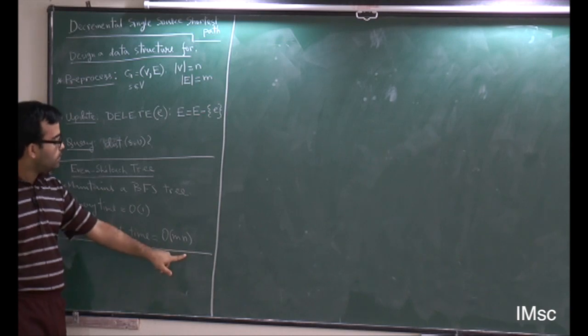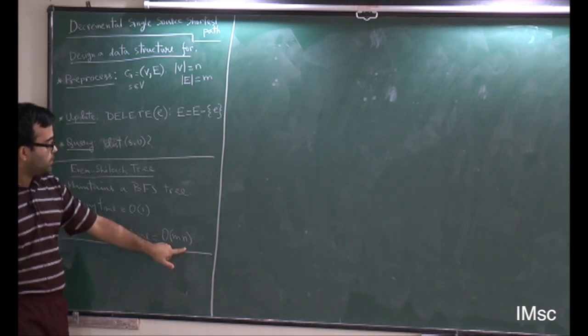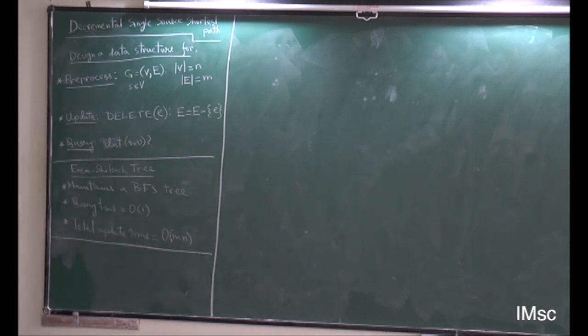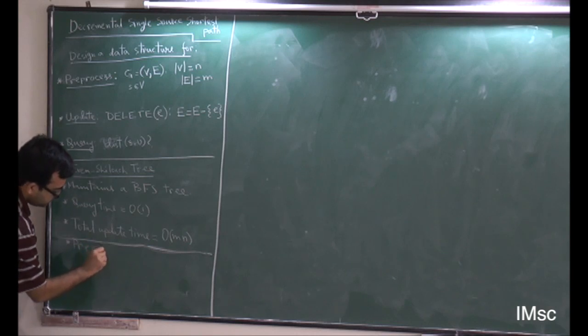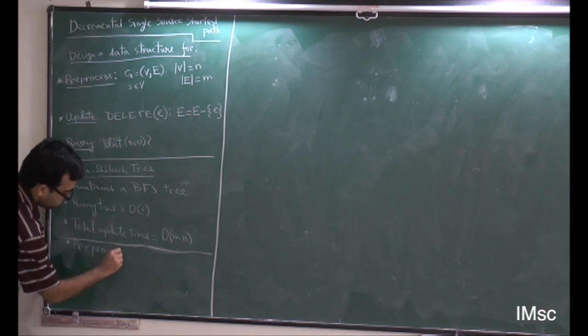So, since there are m edge deletions, the amortized update time is order n. Okay. And of course, the pre-processing time is order m, because it just started with a BFS tree.